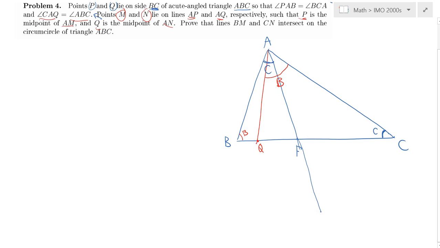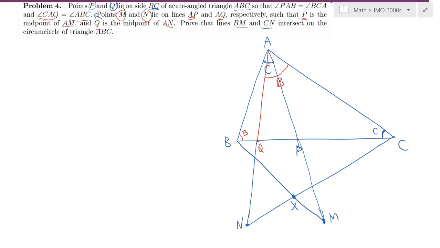So that's the point M. And also, if we extend AQ, that's the point N. Finally, we are to show that BM and CN intersect on the circumcircle of triangle ABC. So we are to show that this intersection point here, X, is on the circumcircle.